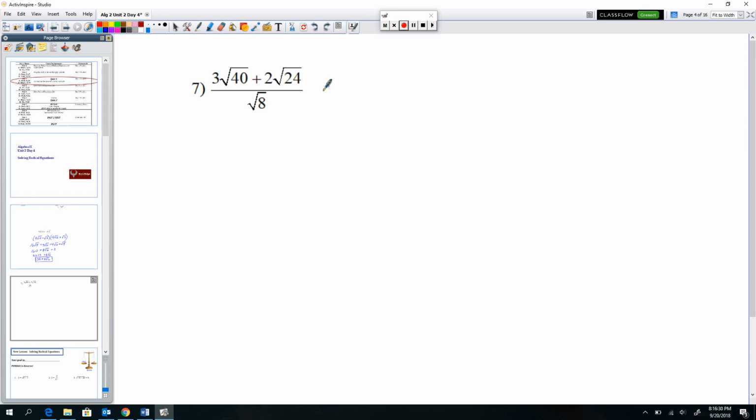Remember doing that? We're going to rationalize this denominator by multiplying by the square root of 8. If that's the first thing you thought of when you came upon this problem, that is perfectly fine. Perfectly fine. You will eventually get to that same answer we got through the pink way.